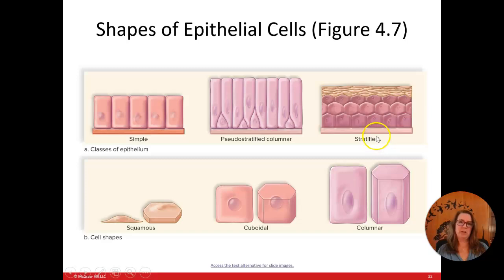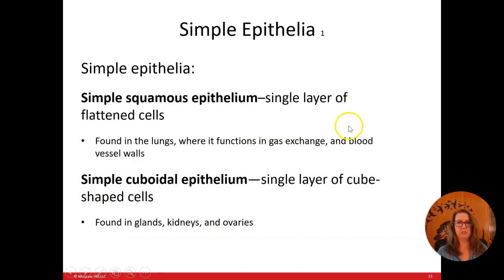And then this one, the stratified, we have stratified epithelial tissue that makes up our skin, literally just sloughing off all the time. So our epithelial tissue can be a simple layer of any one of these. It can look like a complex stratified layer, but not be. So we call this pseudostratified. And this one happens to be column shaped right here. And then lastly, we have true stratified epithelial tissue.